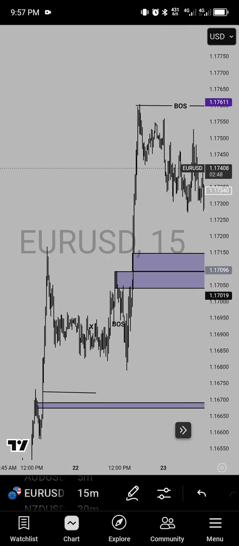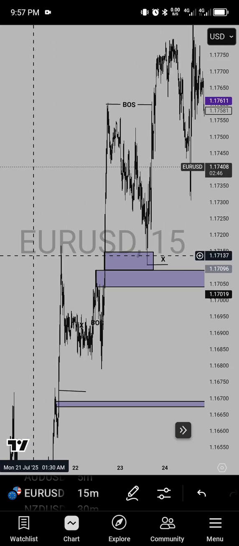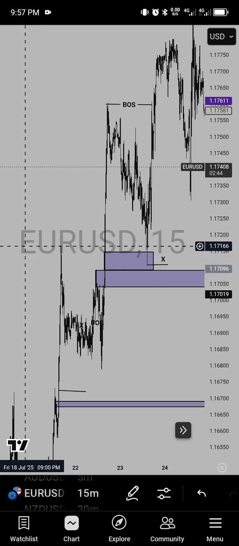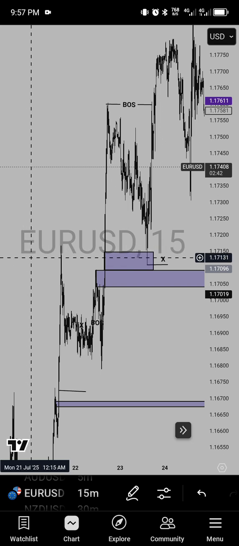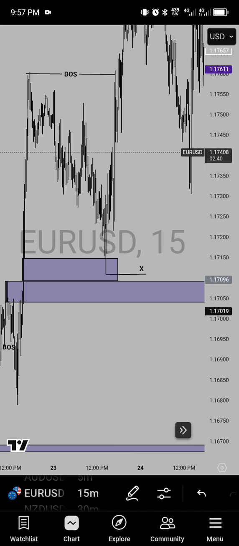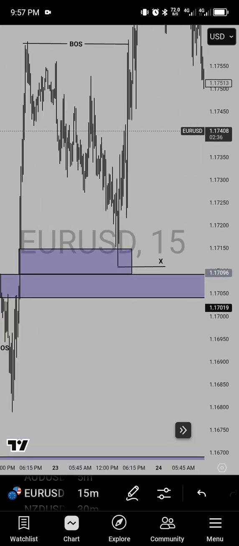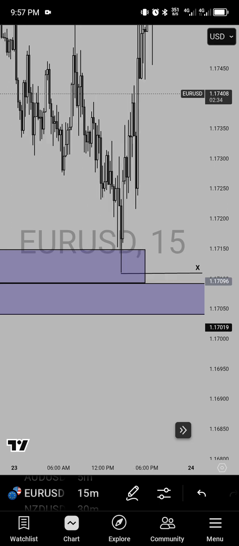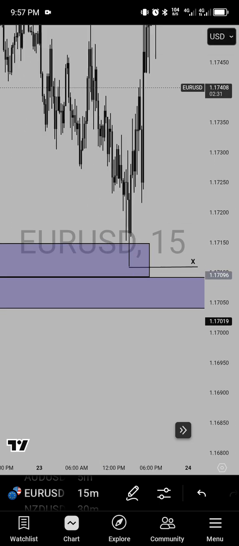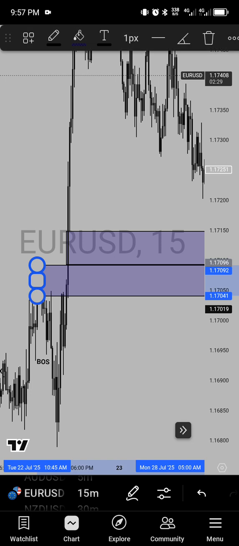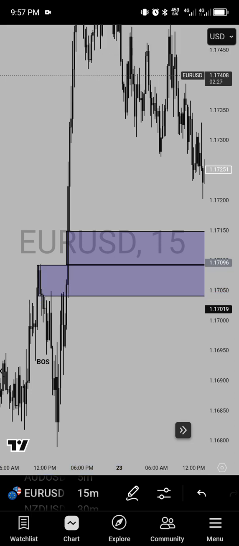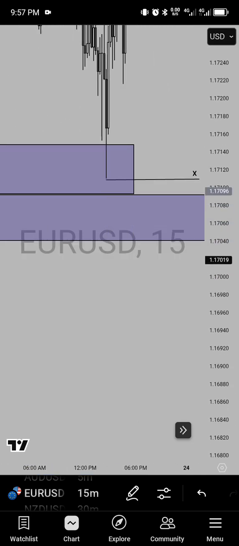I have a breaker block, which is this zone right here, but I missed this trade because I wasn't quick enough to observe it. But anyways, we still took another trade and a good one. So from this wick now to this zone right here, our breaker block, you can still see there's still a gap.